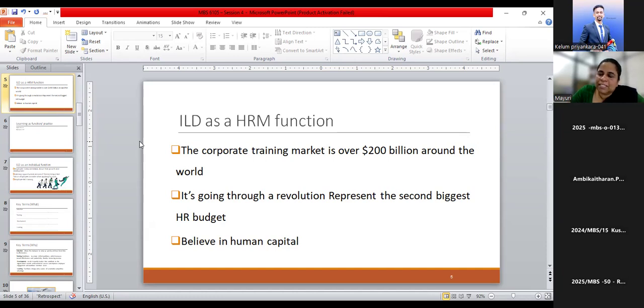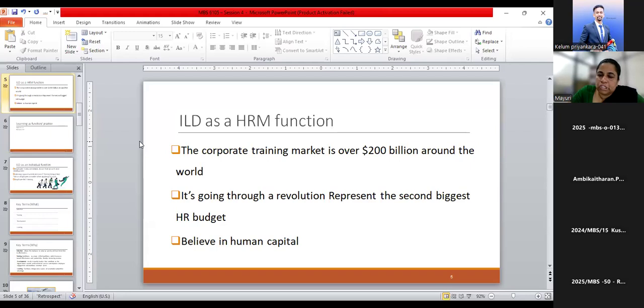Then the organization or the management took the responsibility of training them. They had to spend a lot of money on training these employees and giving them the basic skills. At that time, training was considered a cost.